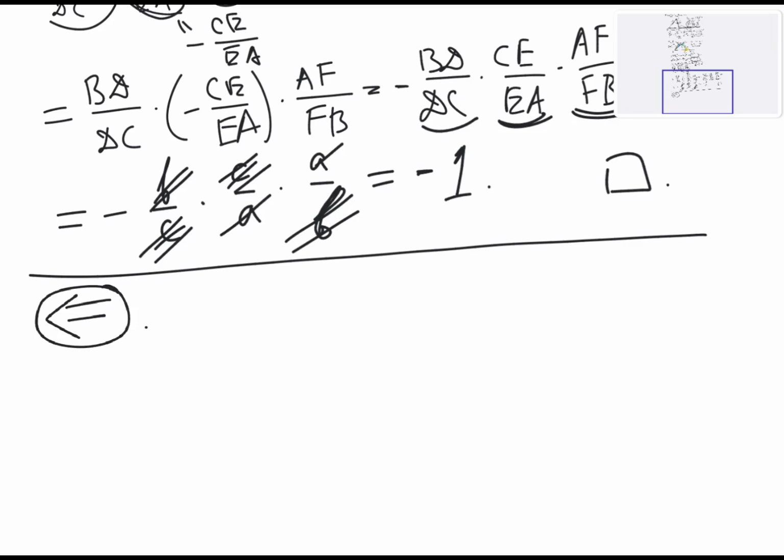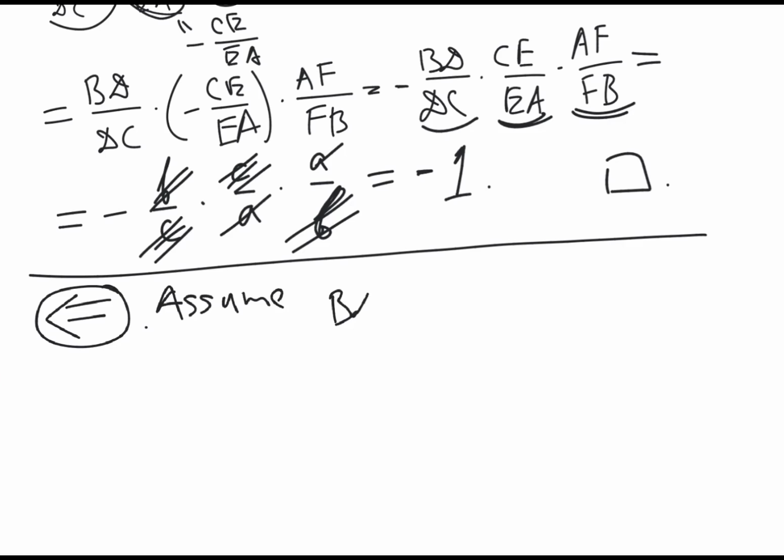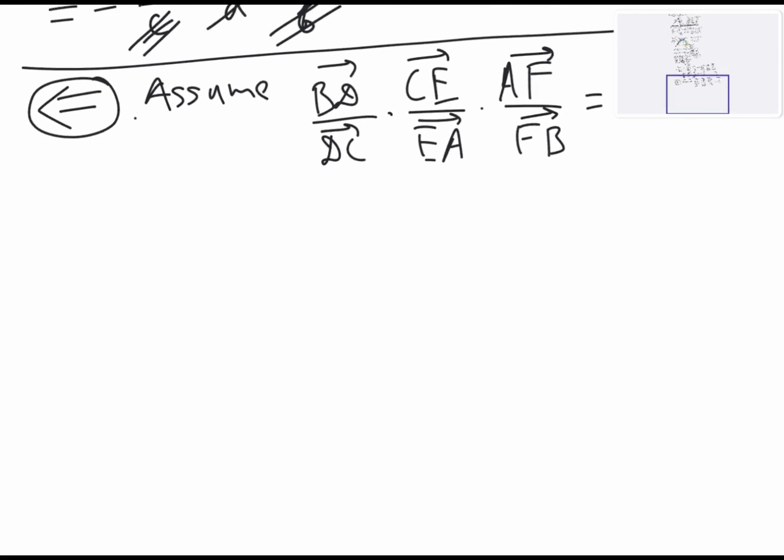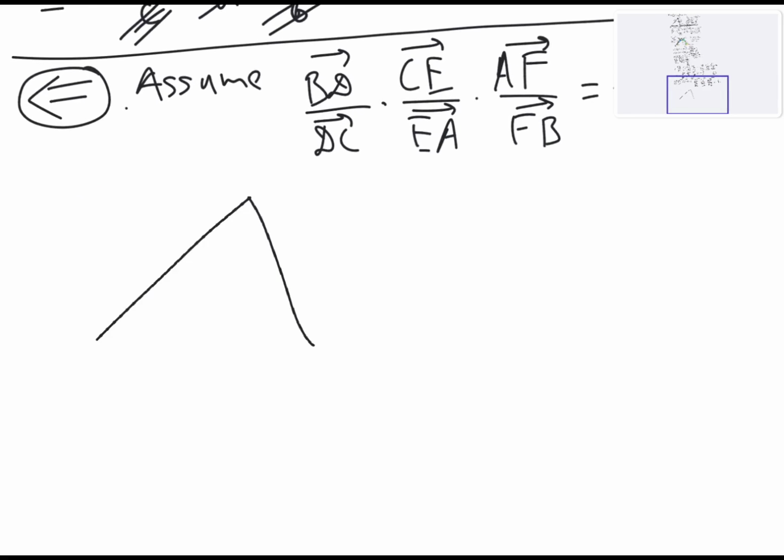Basically, we assume that the ratio BD over DC multiplied by CE over EA multiplied by AF over FB is equal to -1, and we need to prove that the points D, E, F lie on a single line.